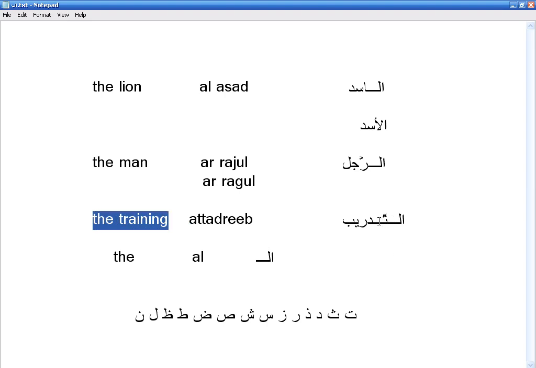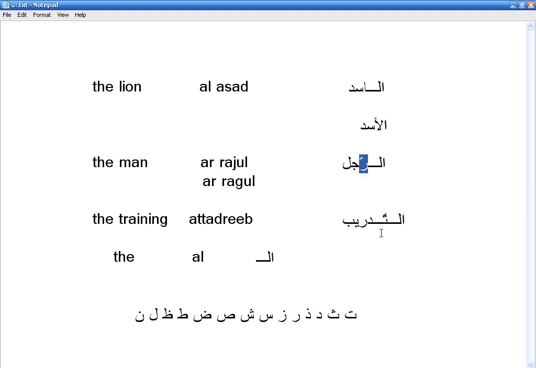And as you notice, the same thing that happened with that word is the same thing that's going to happen with that word as well. As you can see, the letter which is right after al has been doubled, and this is the same thing that happened here.